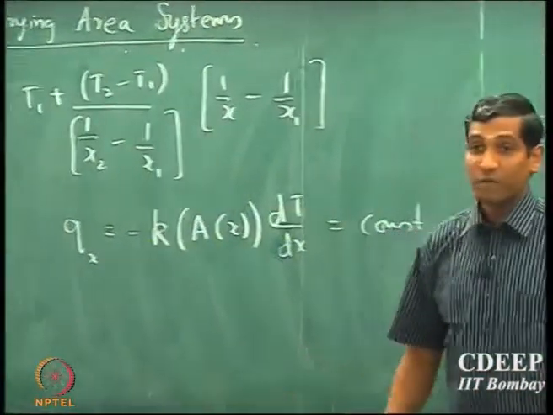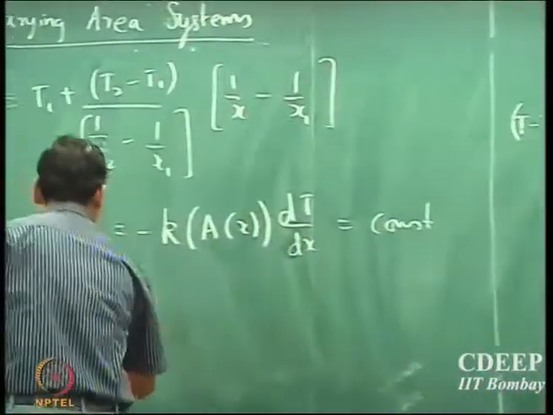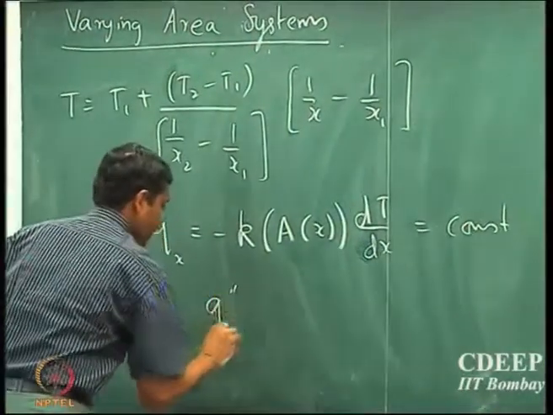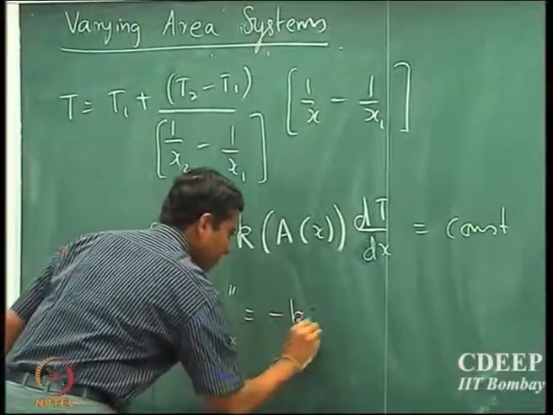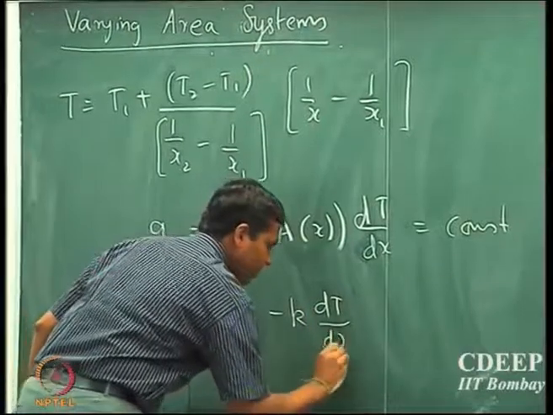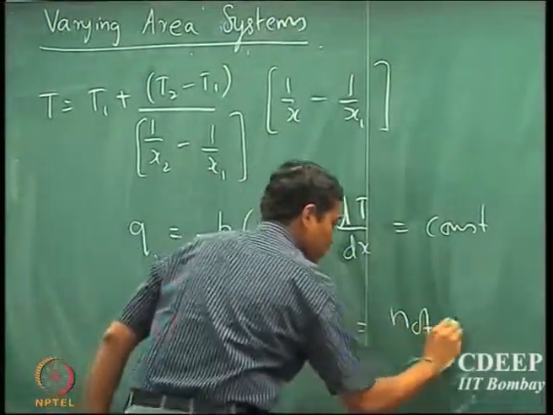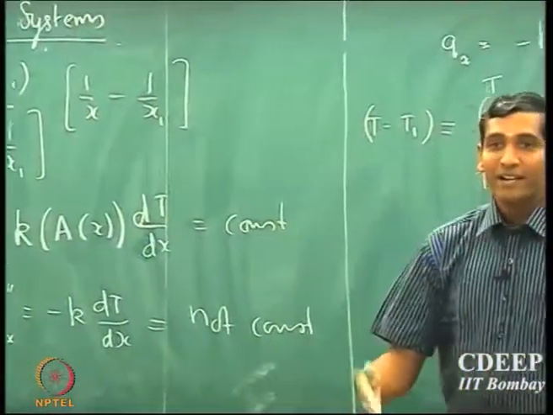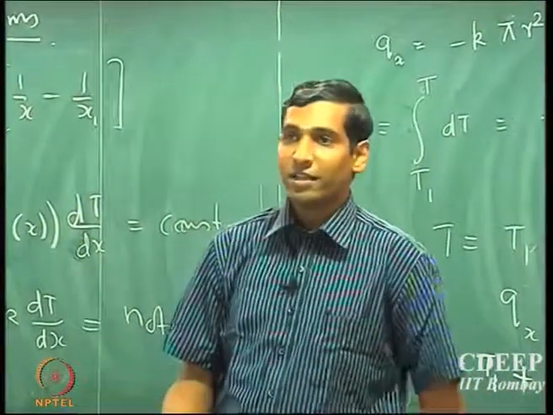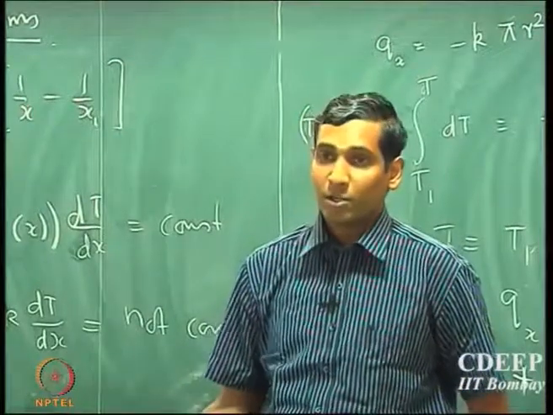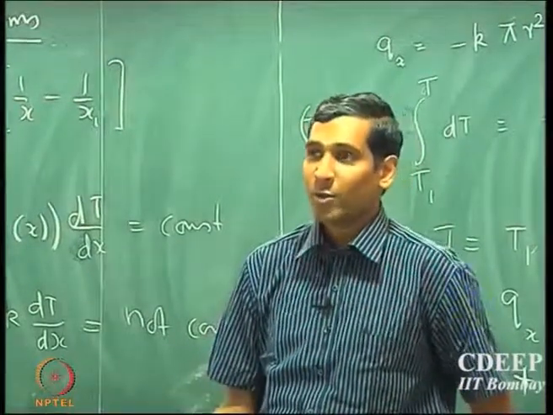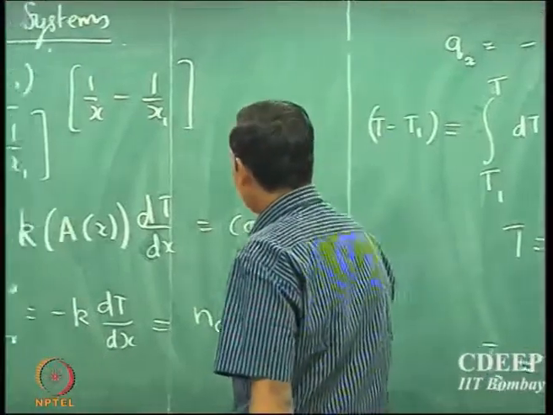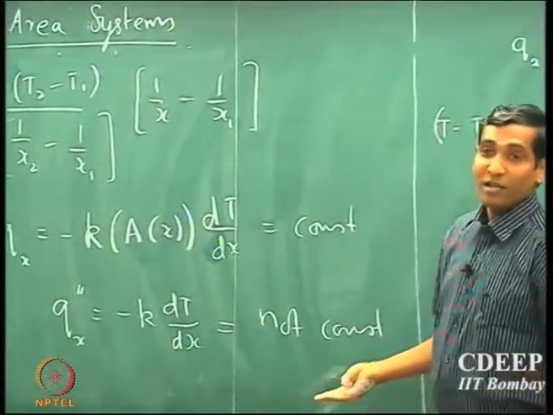However, the flux, which is given by q prime, which is minus k dT by dx, is not a constant. This is an important observation which you would not have made in the simple 1D system where the cross sectional area of heat transport is constant, where you would not be able to make such a distinction between the two.